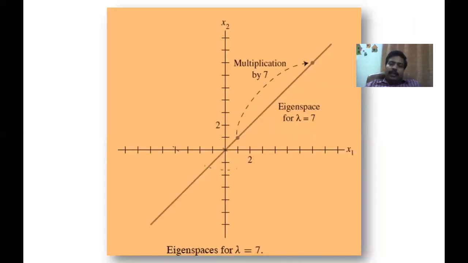Geometrically, we can observe that this is (1, 1), and after matrix multiplication it is 7 times that. It will become (7, 7).